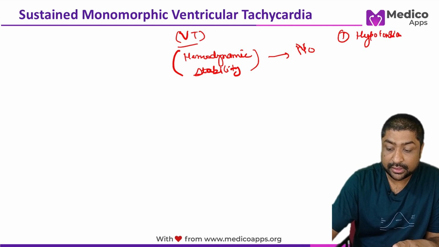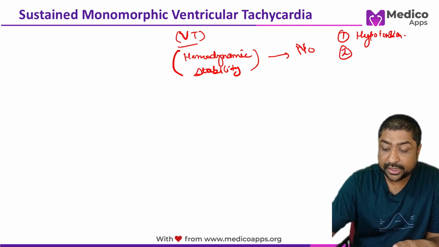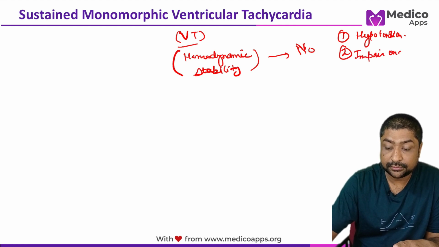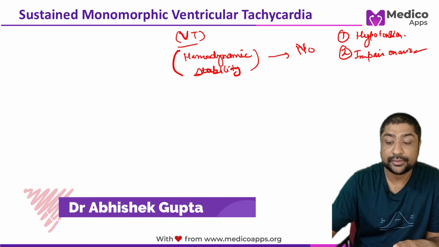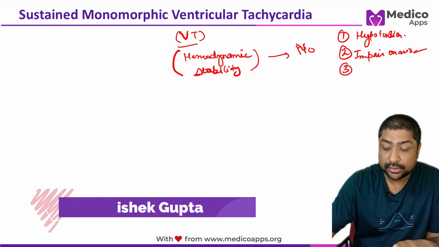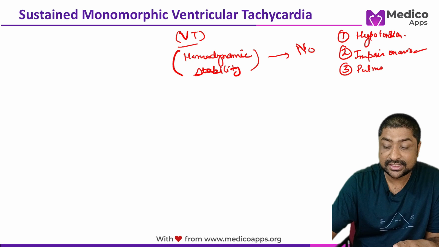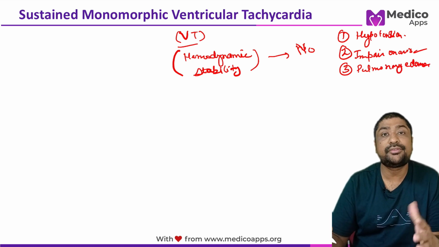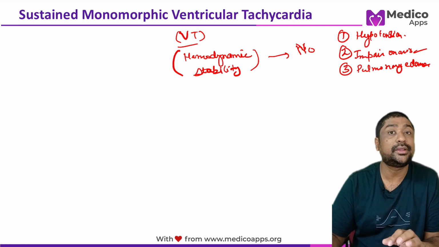They may also mention impaired consciousness or an unconscious patient. They may talk about signs and symptoms of pulmonary edema. So these are the ways they will indicate the patient is hemodynamically unstable.